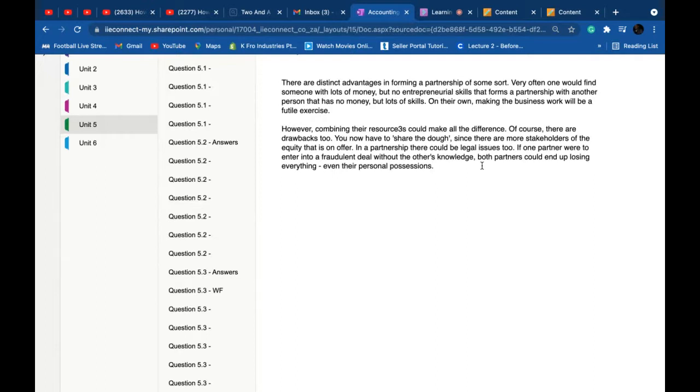Are there any disadvantages to this approach? And then it says large corporations often tender for multi-billion rand deals, which they intend to win by presenting a group of experts in different fields.